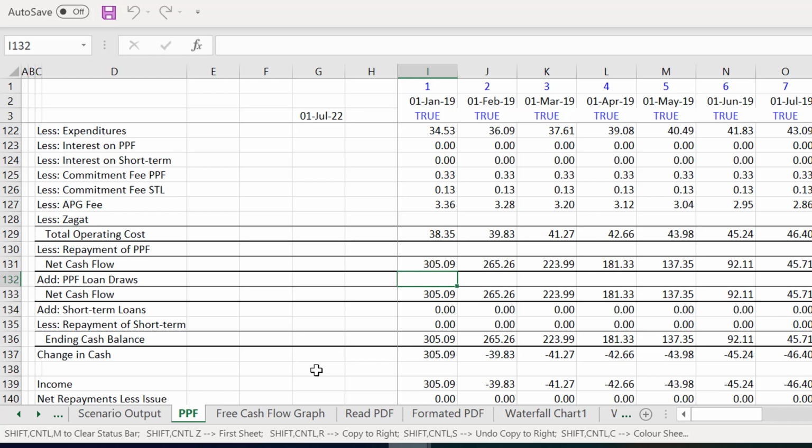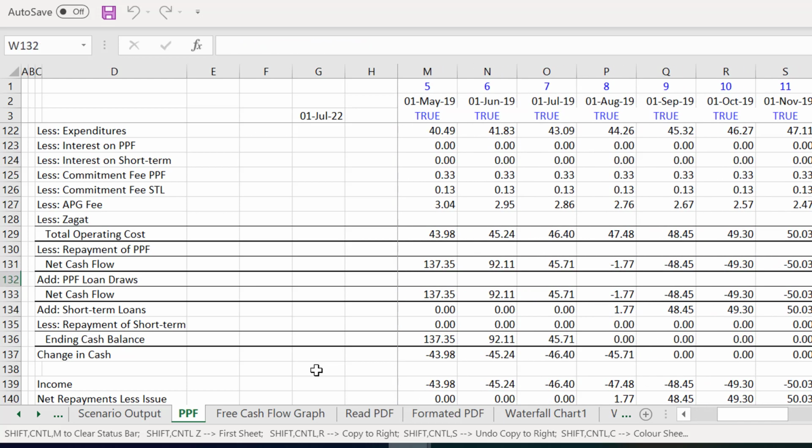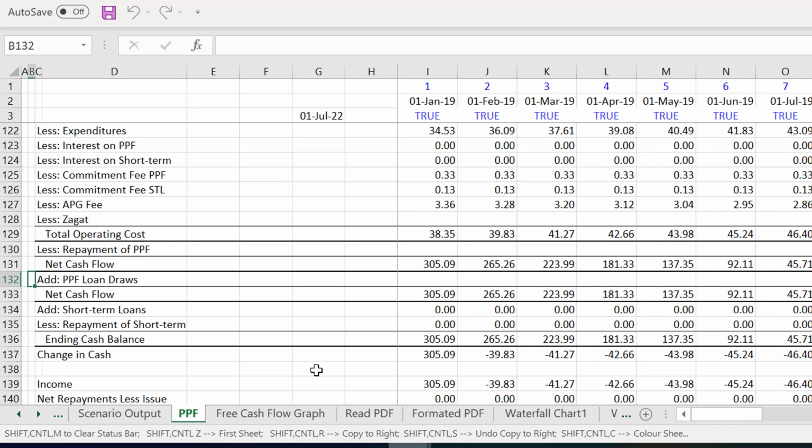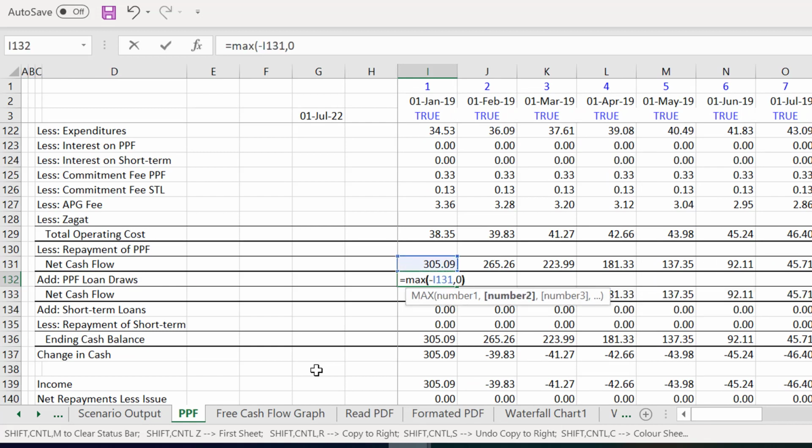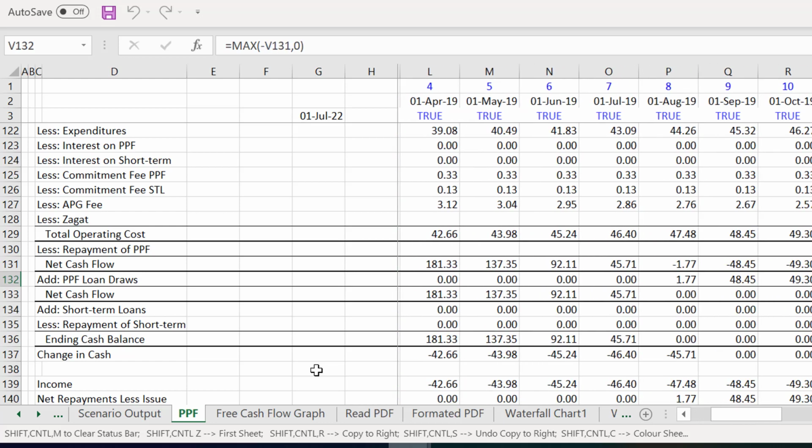Now, we only need to borrow money when the cash flow is negative, and the cash flow gets negative here. So there's a classic thing you do. You put maximum, and you open the bracket, and you put a minus on this, or 0. Okay, that's how you start. Shift Control R, because my generic macros that nobody ever uses is open. So that's how much we borrow.